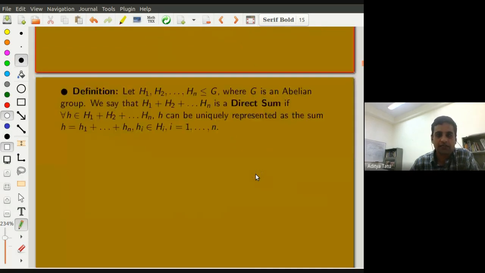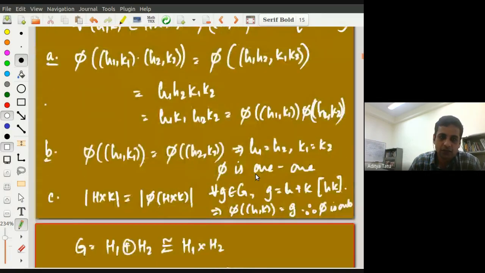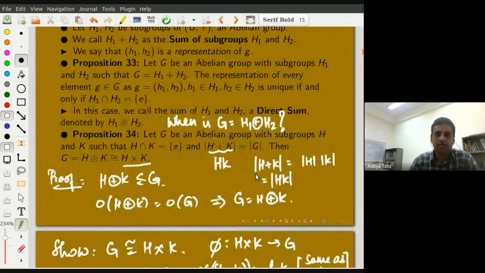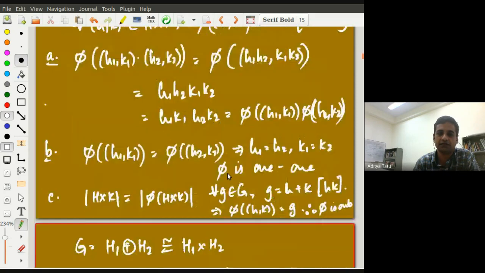Let's go ahead. So this is the direct sum of n elements. For two subgroups, we get a direct sum if the intersection of the two subgroups is the identity. What about direct sum for n subgroups? What should be the condition for the sum of n subgroups to be a direct sum?